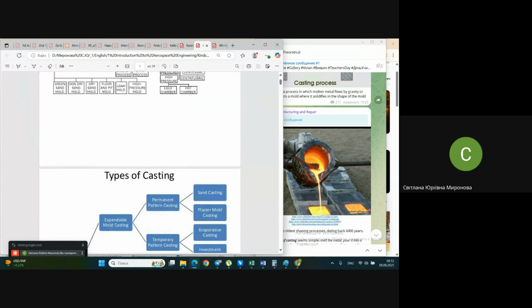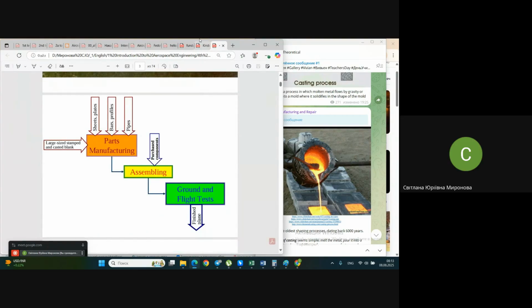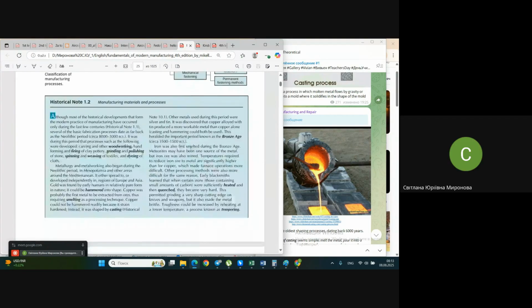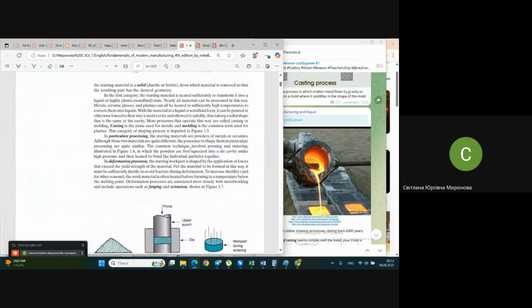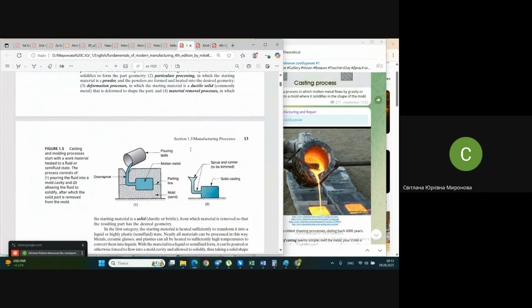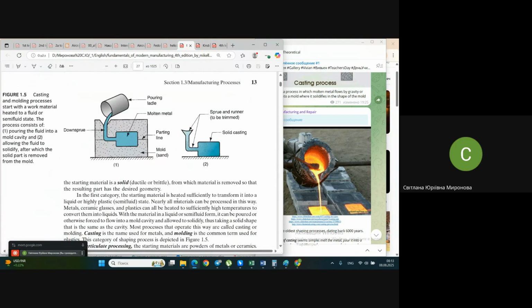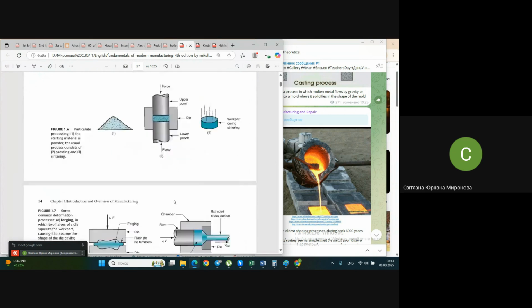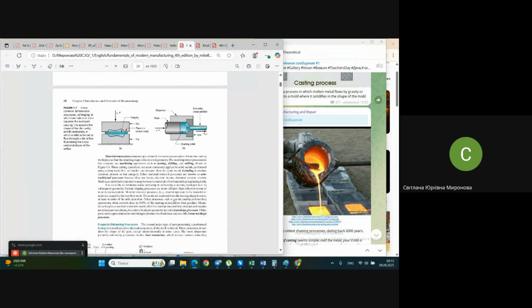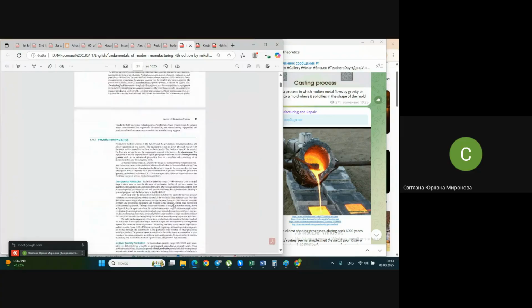And let's go to Michael Groover, and he explained some casting processes here. As I see, nothing to add, besides, as I said to you, the names of this mold casting.